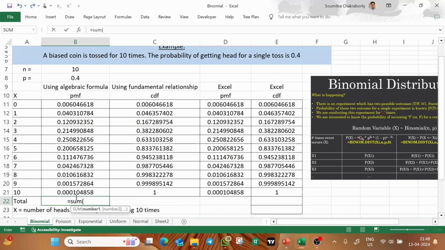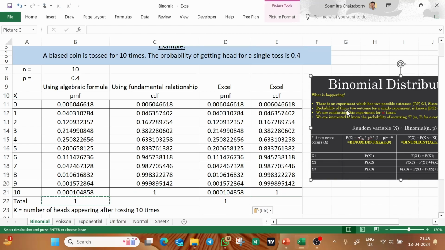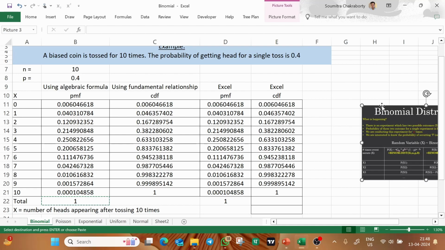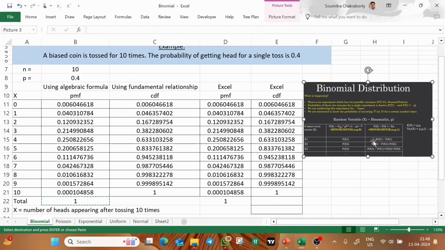So the total is always equal to 1, and the last row for the CDF column will always be equal to 1, as we can see here. So this is the complete table. I have just implemented these two relationships in this table.